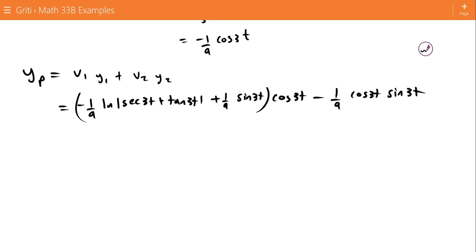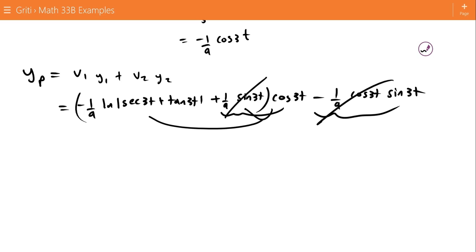If you distribute this cosine to this and that, we see we get a 1/9 sine 3t cosine 3t, and a negative 1/9 sine 3t cosine 3t. These will cancel, so we'll be left with negative 1/9 ln secant 3t plus tangent 3t times cosine 3t.